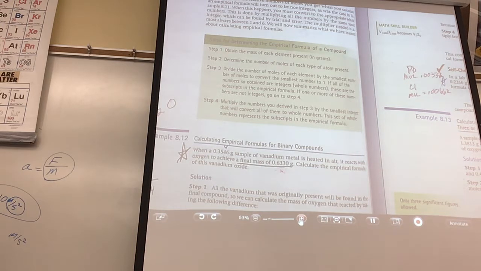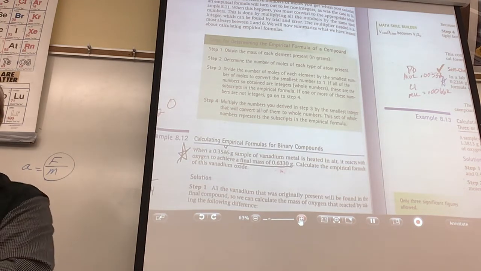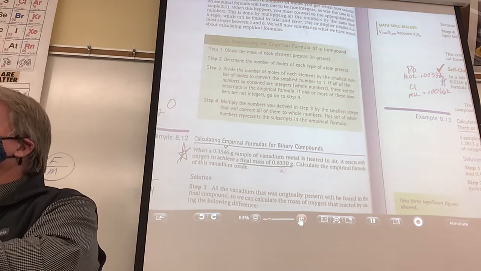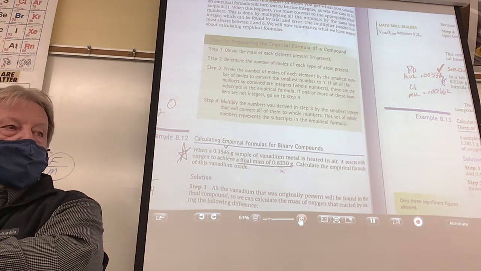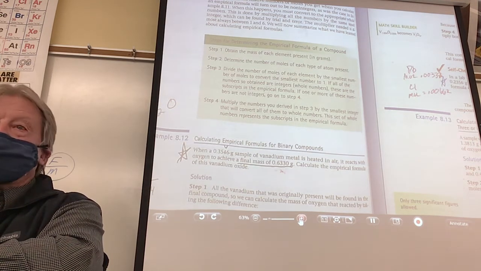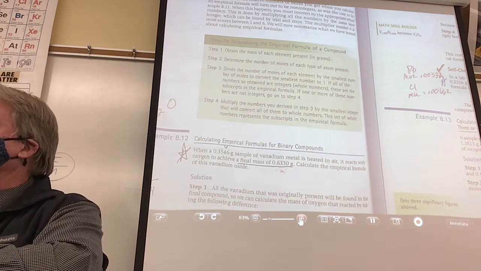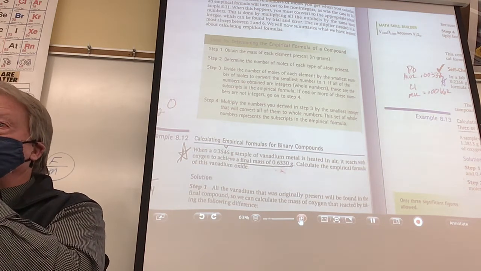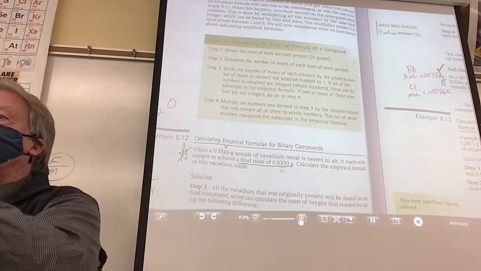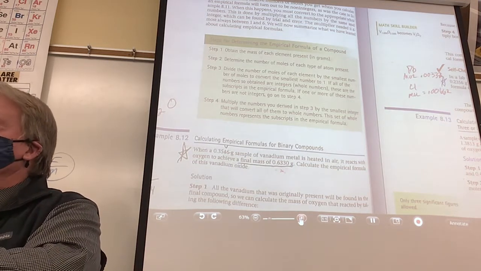Calculate the empirical formula. Now, when I was your age, that would make me kind of nervous. How in the heck do you do a problem like that? But what do you have to do? What's the first thing you have to do? Because right now you're in the gram world. You aren't going to figure out any formulas in the gram world.